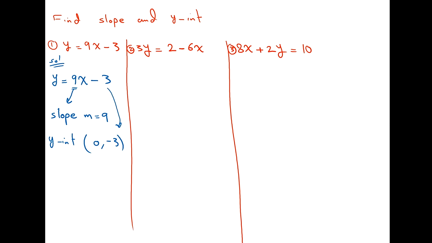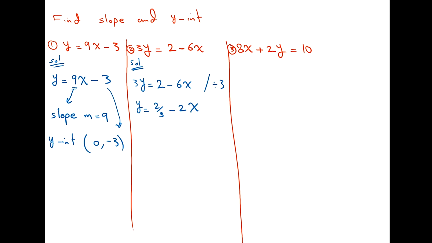Now from the second, what is the slope? First, look at this. This is not the equation y equal. This is 3y equal 2 minus 6x. So we must divide by 3. So we have y equal 2 over 3 minus 6 over 3, which is minus 2x.